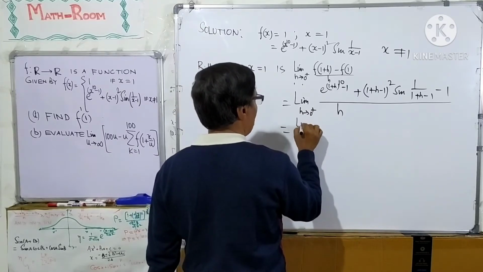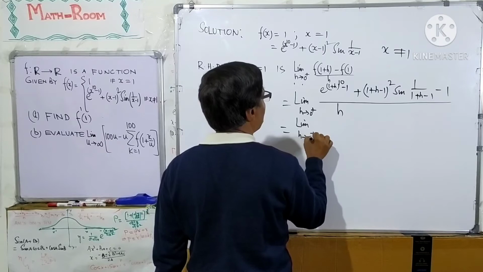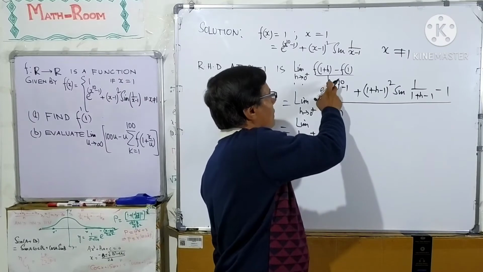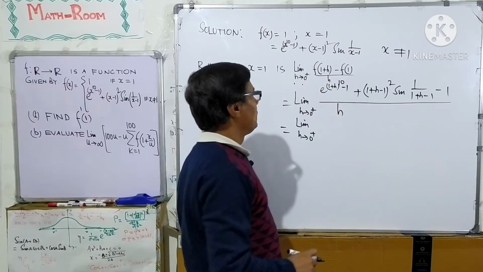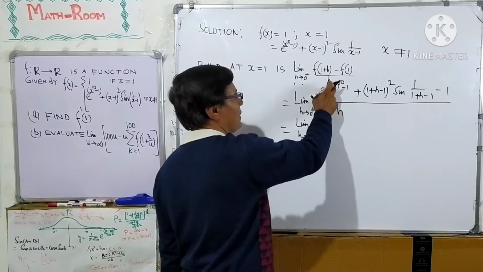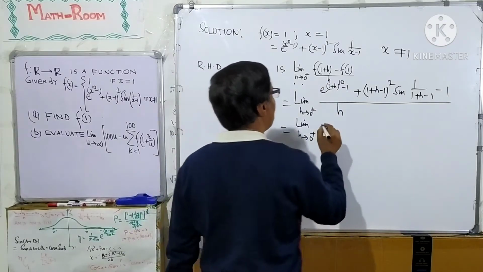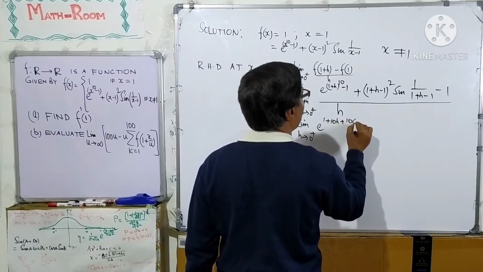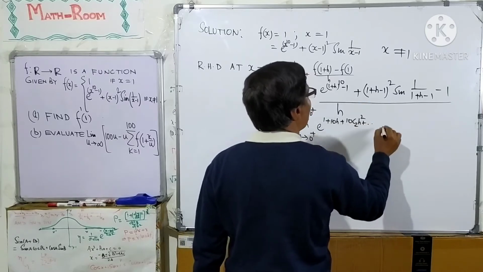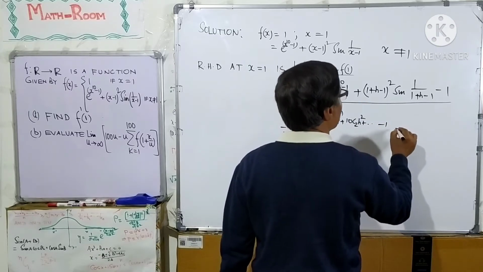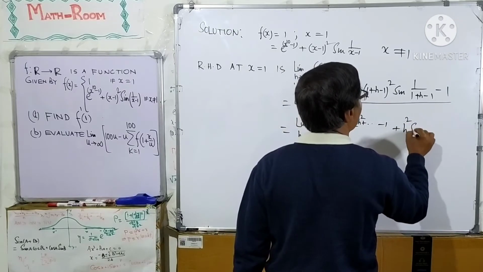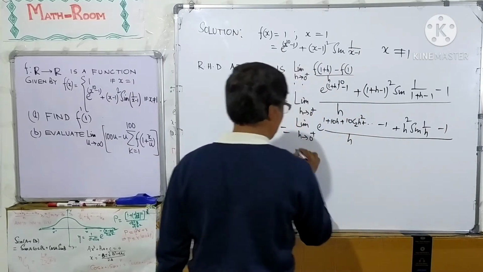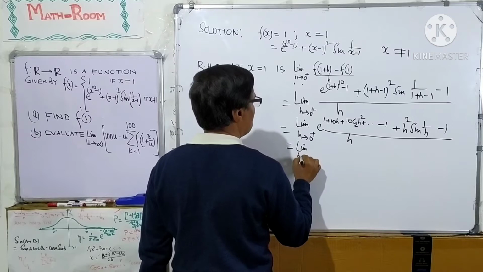So, limit h tends to 0 plus of e to the power (1 plus h)^10, we can use the binomial expansion of this. The binomial expansion of (1 plus h)^10 is 1 plus 10h plus 10C2 h squared and so on, so e to the power of that, minus (1 plus h squared) sin 1 over h, minus 1 over h, which is limit h tends to 0 plus.